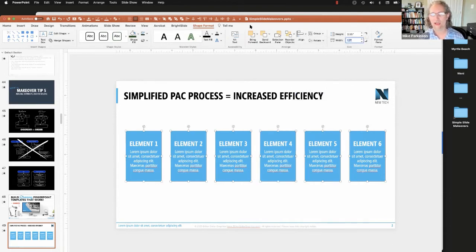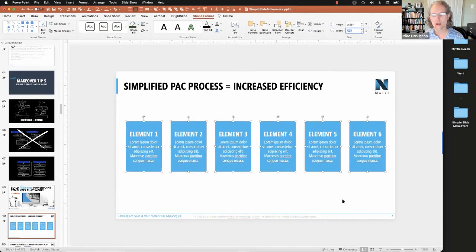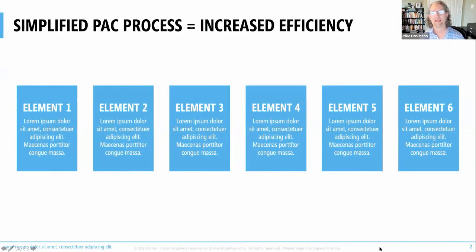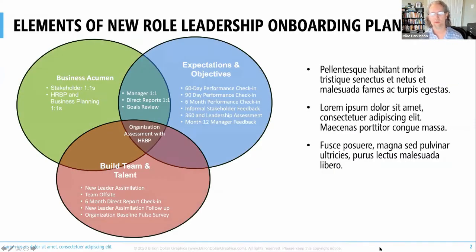Once I do that, I now have a much more professional looking slide in relatively no time. So I did a makeover in a matter of maybe 60 seconds. So again, use those invisible guides or grid, align, make sure that everything's evenly sized, evenly distributed, and instantly you have a much better looking presentation.